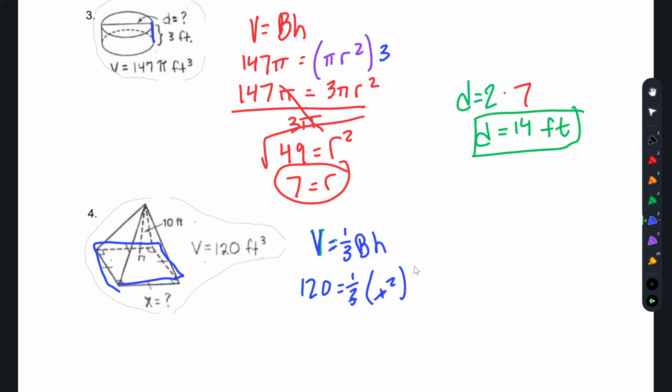And the height, that straight up and down height from the center of the base up to the vertex of the pyramid, is 10. We don't need any slant heights here. So I am going to divide everything by 10.